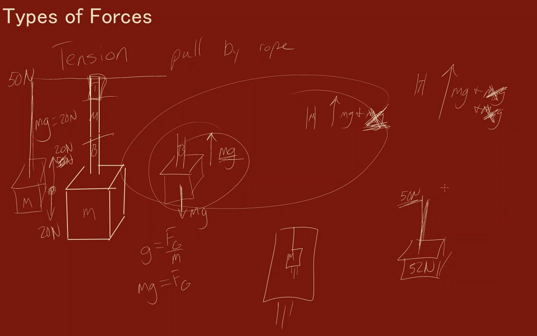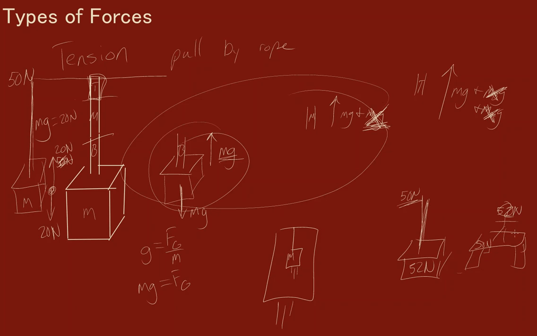The same thing with a normal force. If you are sitting on a table, and I don't know, maybe it's meant for little kids and you're a big kid. Well, if it can't support your weight, your 52 newtons for a 50 newton table, you are going to fall through it.